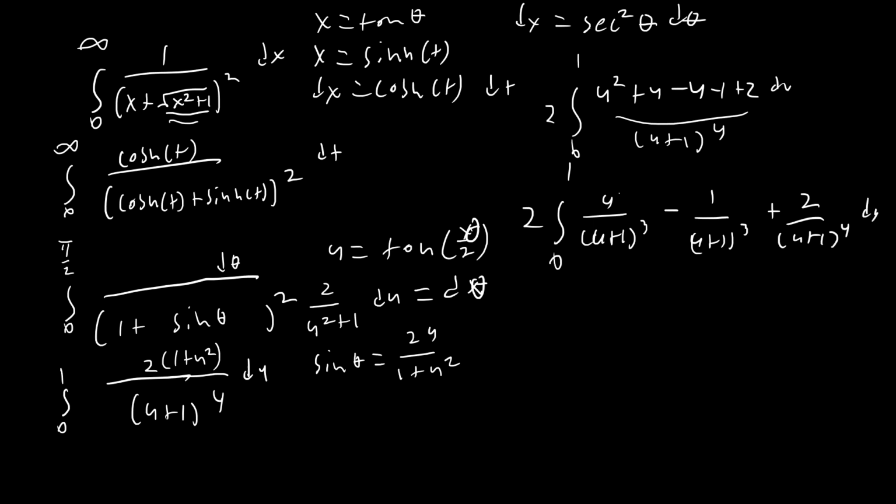So we're also going to do plus 1 minus 1, so this is going to become minus 2, and then we're going to end up with 1 over (u plus 1) squared. And then we can finally plug everything in.